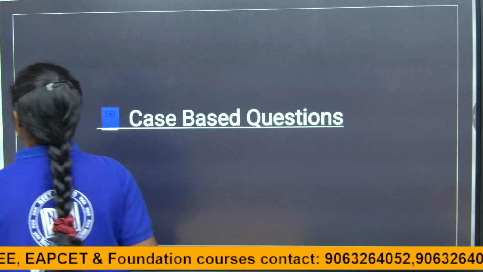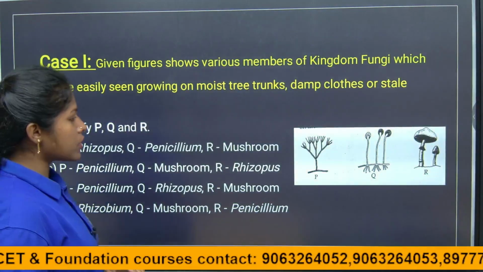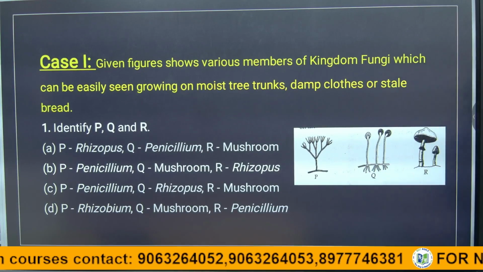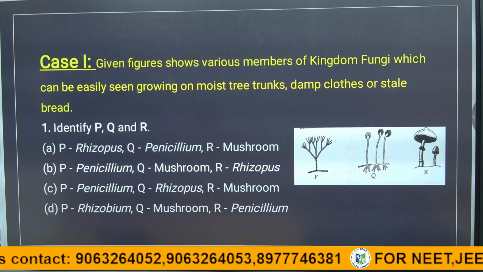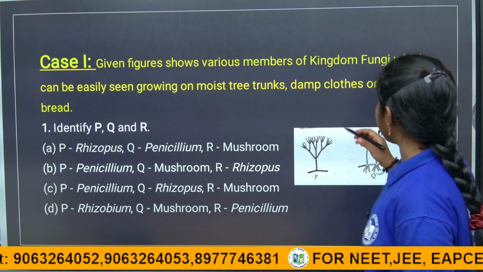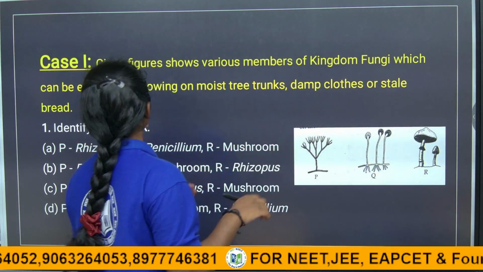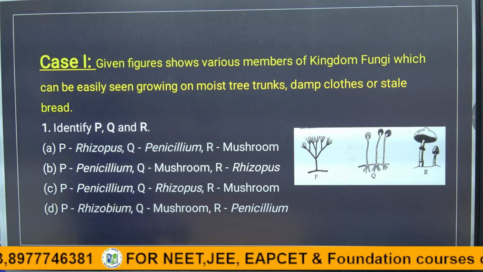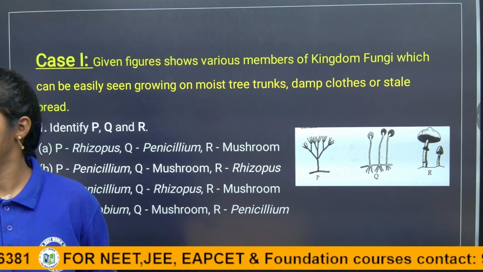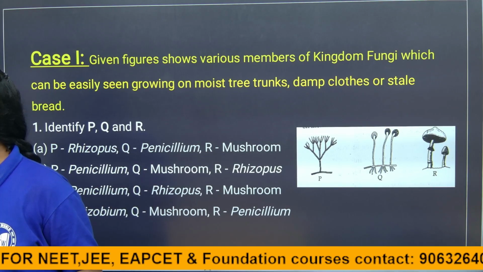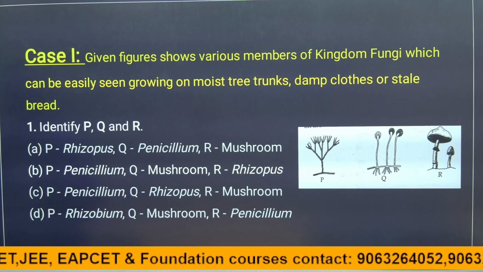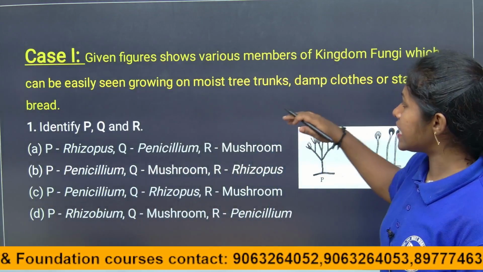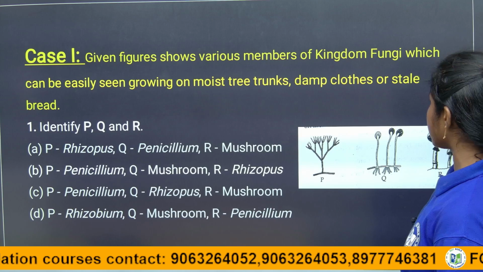Here is the first question, given as case 1. The given figure shows various members of kingdom fungi which can be easily seen growing on moist trunks, damp clothes or stale bread.